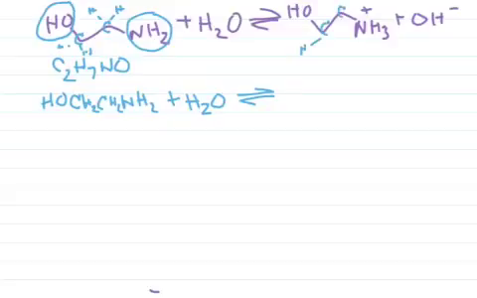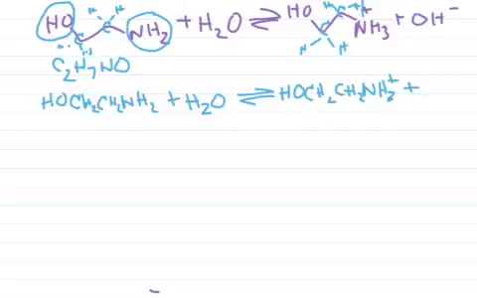We have 2 hydrogens. And we're going to just simplify it like we did previously. So HO, CH2, CH2, NH3 positive, plus hydroxide, OH minus.